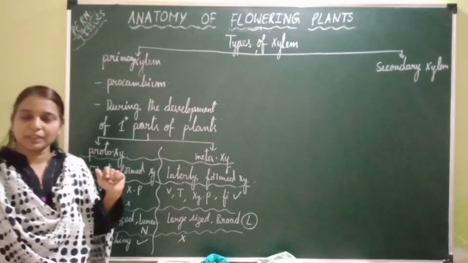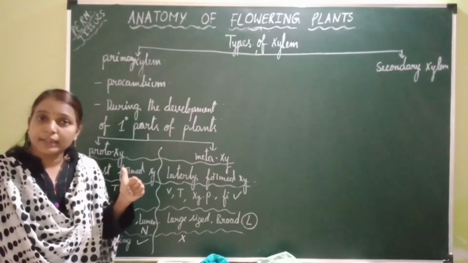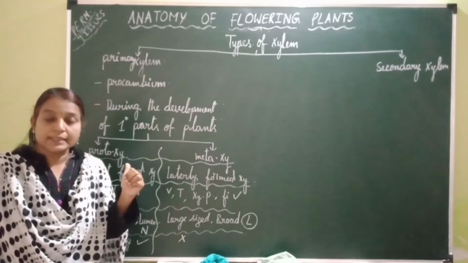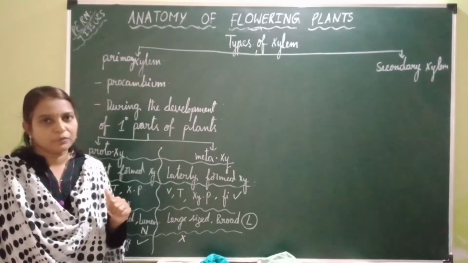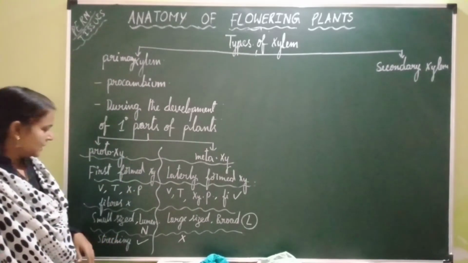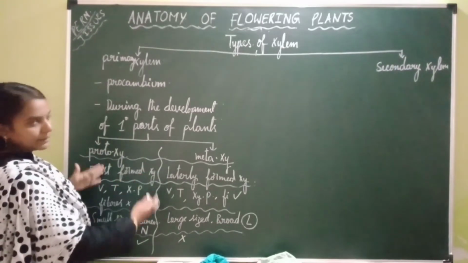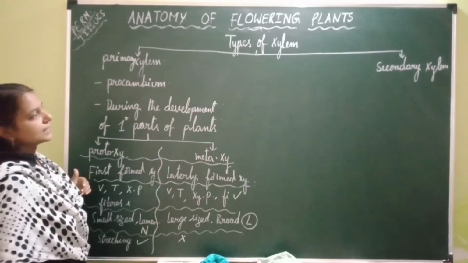Advanced thickenings are of three types: reticulate, scalariform and pitted. Among these, the most advanced is the pitted type. So this is about the different types of primary xylem, that is protoxylem and metaxylem.